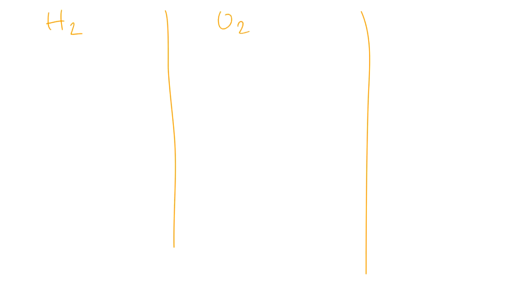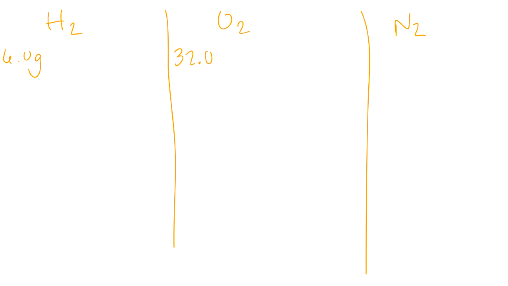So I'm going to break this down into 3 groups because we have 3 different elements. So we have hydrogen, we have oxygen, and we have nitrogen. So of the hydrogen, we have 6 grams. Of our oxygen, we have 32 grams.